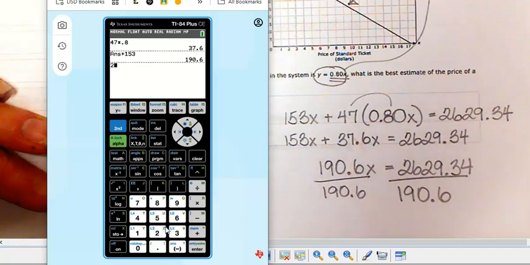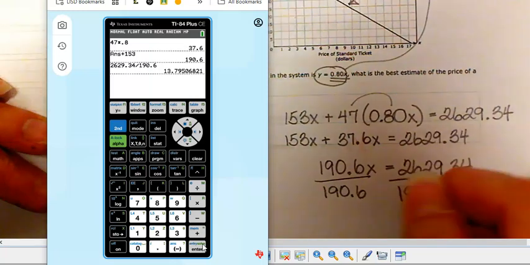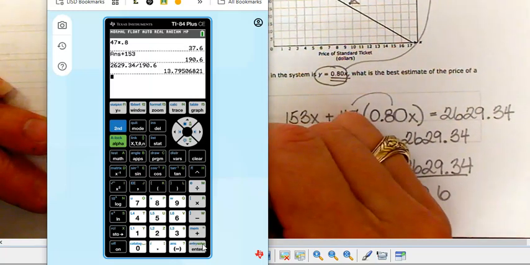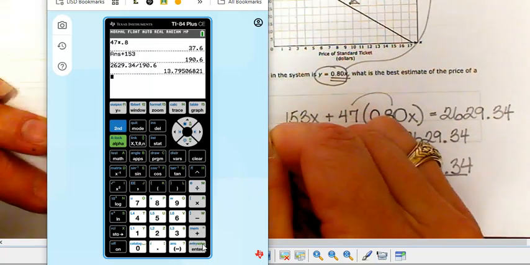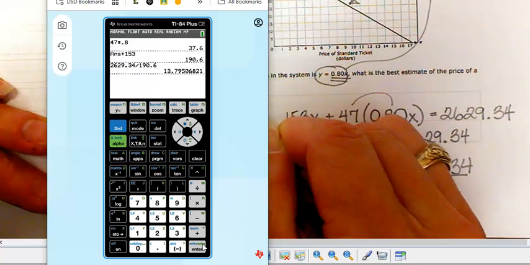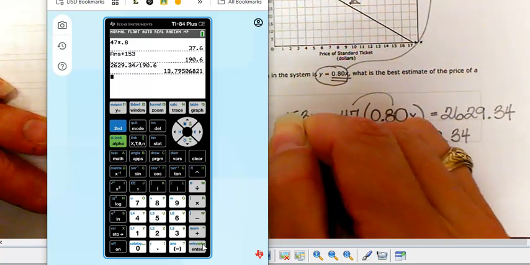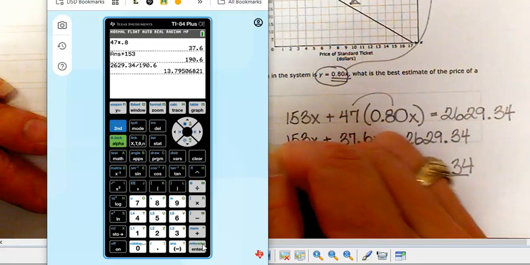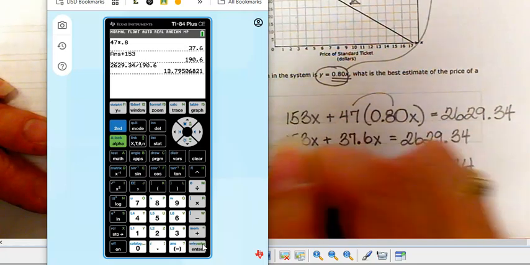So 2,629.34 divided by 190.6. Enter. And x is 13.795. That's going to be basically $13.80.